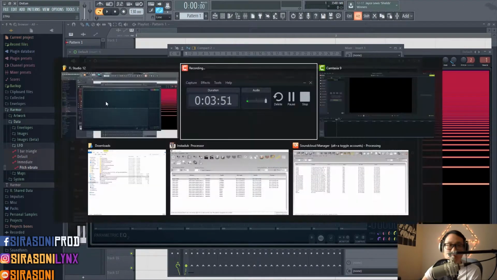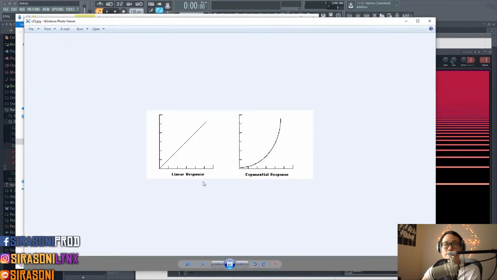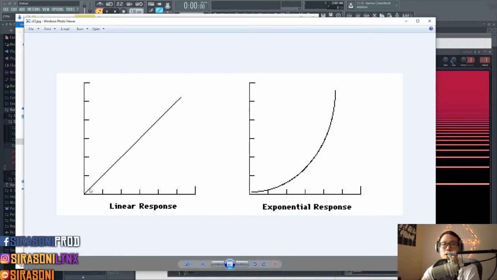I don't know if you remember it from algebra class, so here's a picture to explain it. A linear response has a 1-to-1 ratio. When x is 1, y is 1. When x is 2, y is 2. When x is 3, y is 3, and so on. This is the hertz distribution. An exponential response is basically, in algebra class we learned y equals x squared, right?